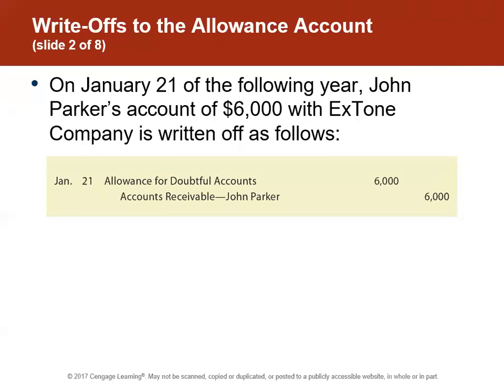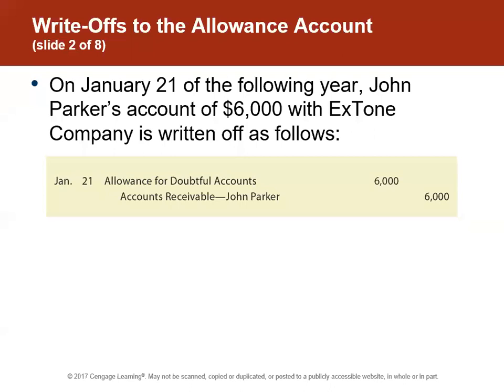So at the end, just to kind of visualize that more, on 12/31, we took accounts receivable minus the allowance, which was what? It was 200,000 minus 30,000. So my net was 170. Well, after this journal entry on the 21st, my accounts receivable is now 200,000 minus 6,000, right? The balance. So is that us writing more money off for him?